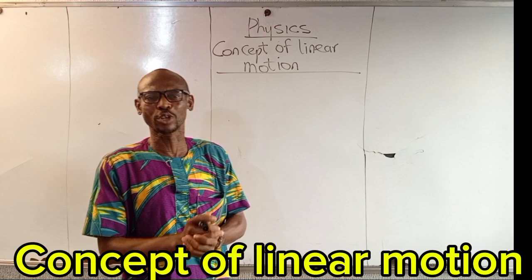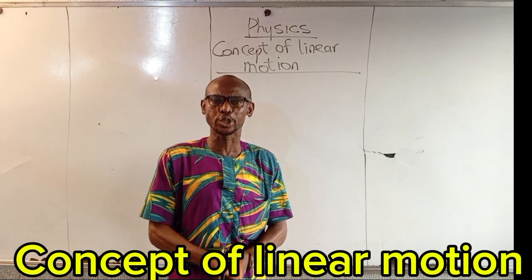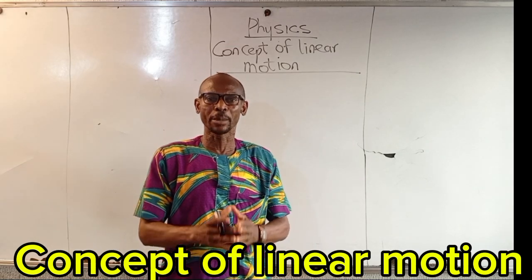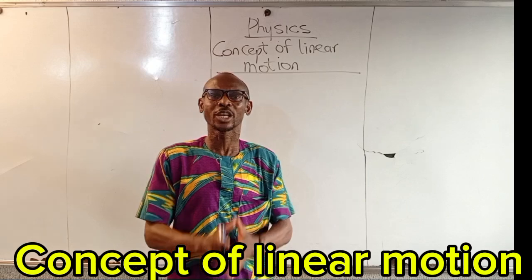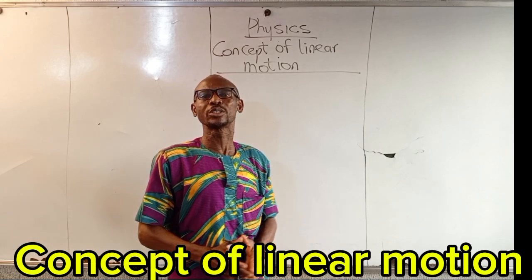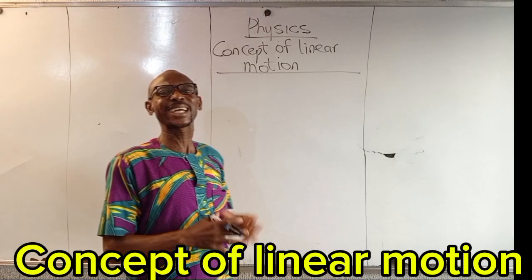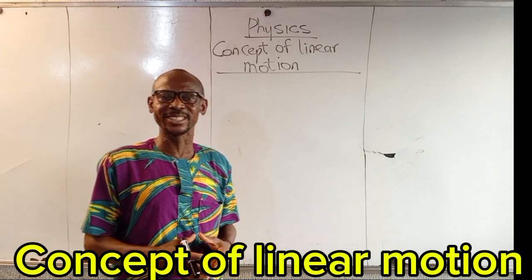When we are talking about linear motion, we are talking about what? A motion in a straight path. Motion in a straight line is referred to as what? Linear motion.